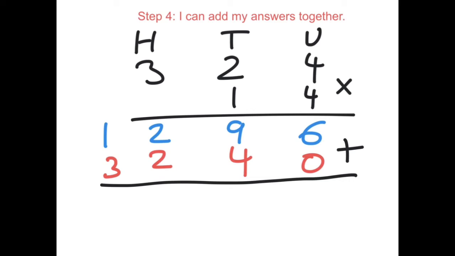So 6 add nothing gives us 6, 9 add 4 gives us 13, so we put the 3 there and carry the 1. Then 200 add 200 gives us 400, add the 1 gives us 500, nothing to carry over, and then 1,000 add 3,000 gives us 4,000.